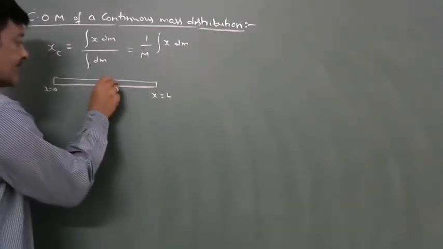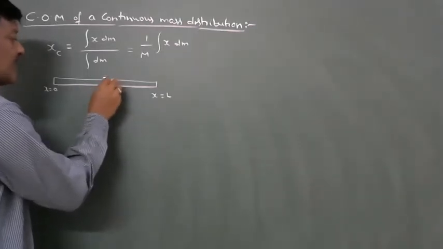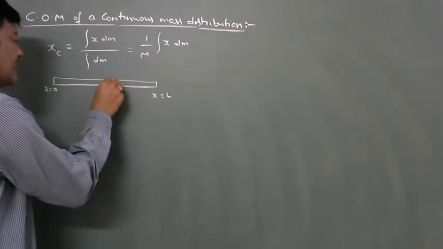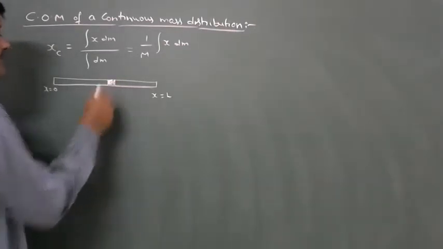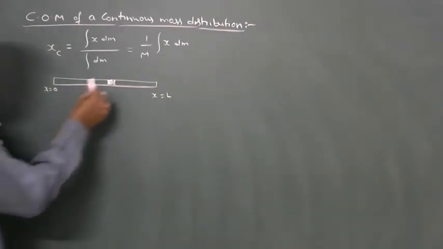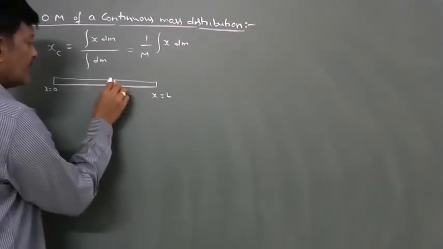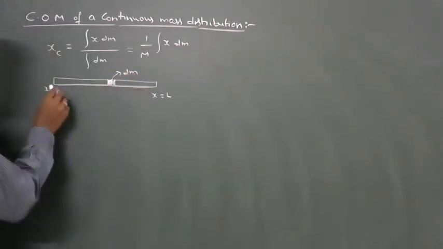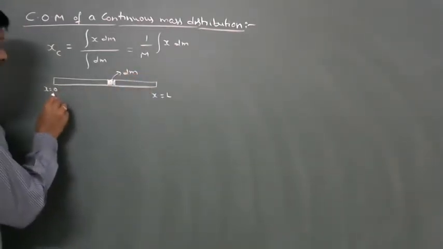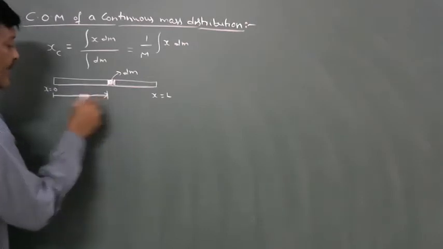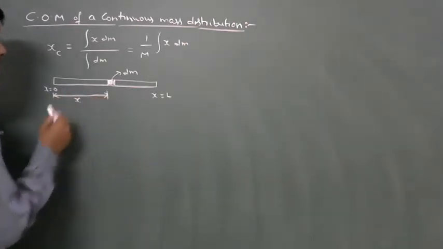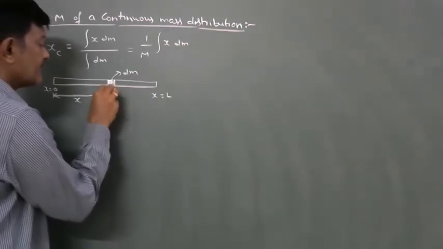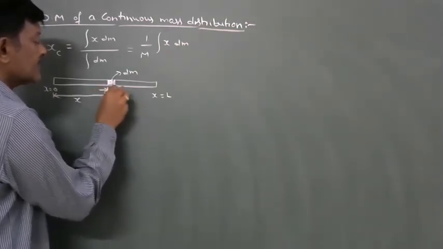Now, I consider a small element of mass dm. This is an element of length dx and its mass is dm. Its distance from x equal to 0 is x, and the length of this element is dx.